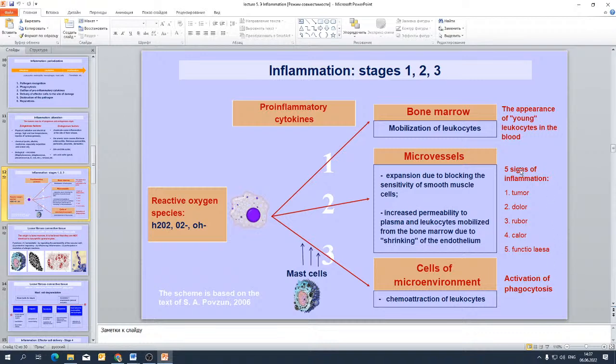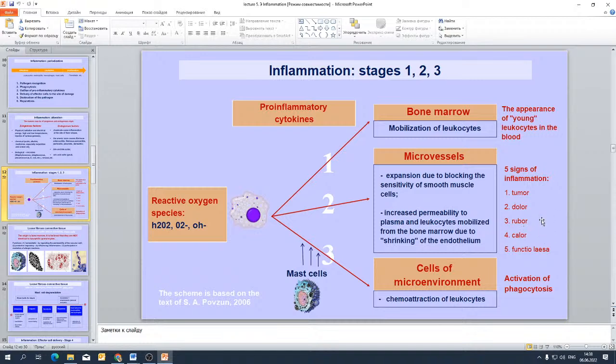If you look at the screen, you see the 5 signs of inflammation, and this is important for your practice in the clinic. For example, tumor, from Latin, swelling. And edema, because increased permeability for plasma forms edema. Dolor, pain. Calor, high temperature.